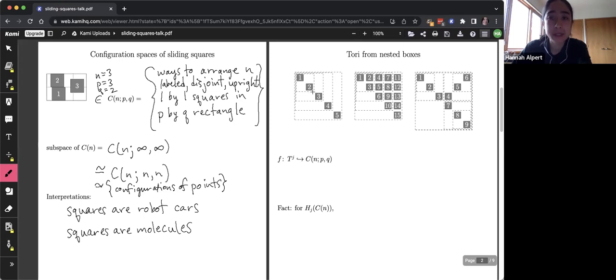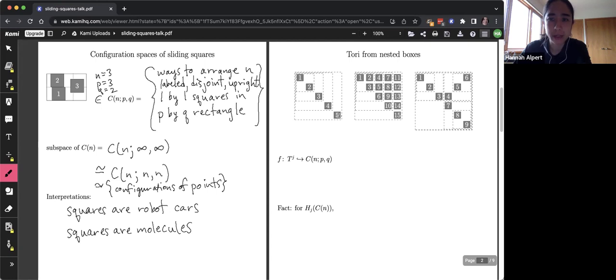And then simultaneously, while they're going around in a box of size 2, a third square can go around that box and make a second 1-parameter family of configurations. So then if we do those independently, we get a 2-dimensional torus worth of configurations.